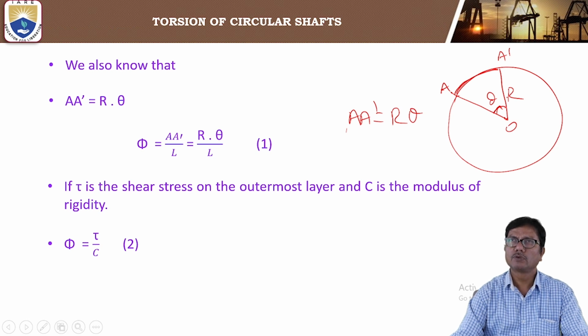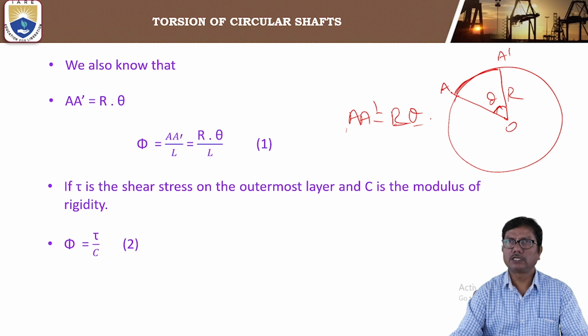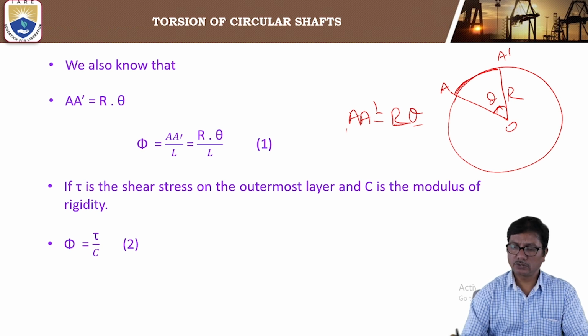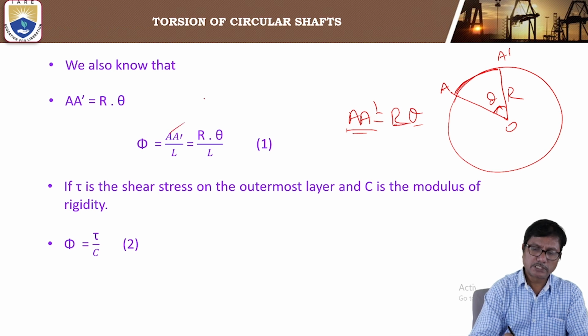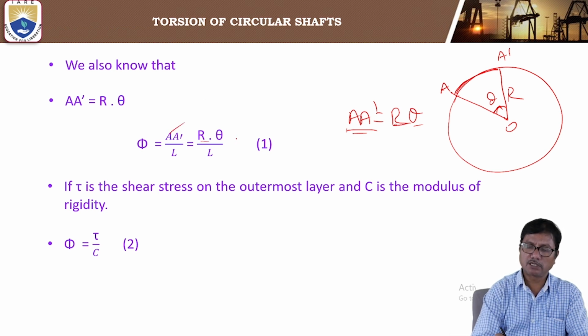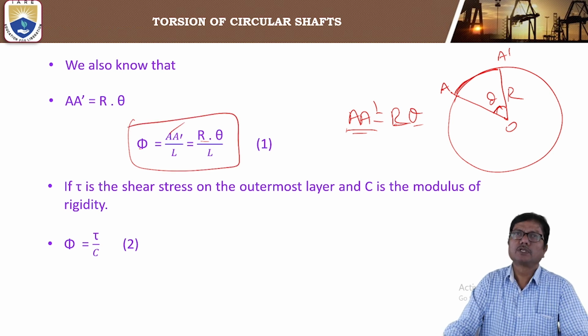So r theta, in radians, is equal to the length of arc AA'. Replacing AA' by r theta, you will have phi equal to r theta by L.